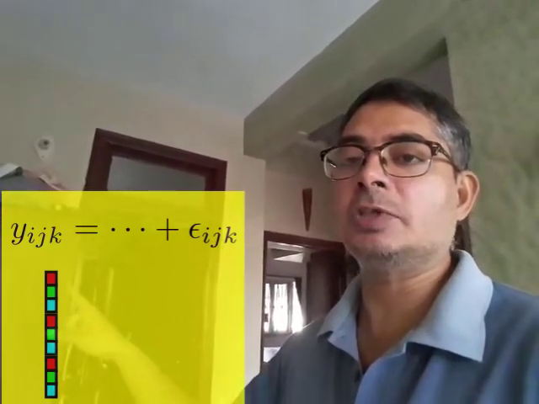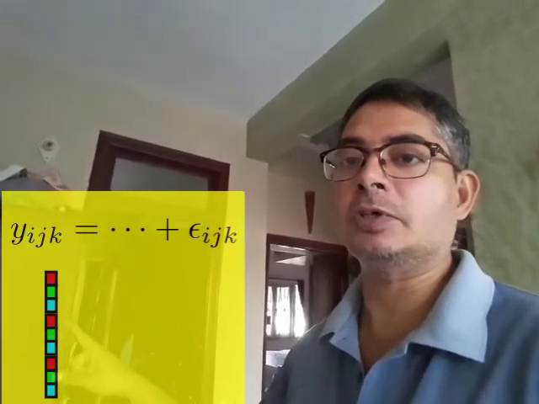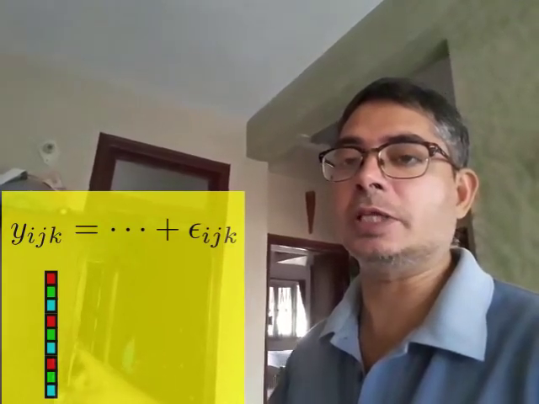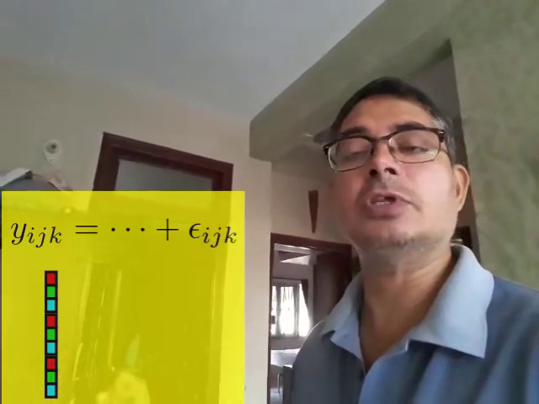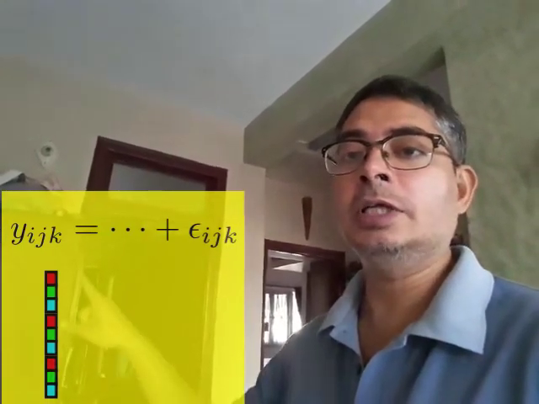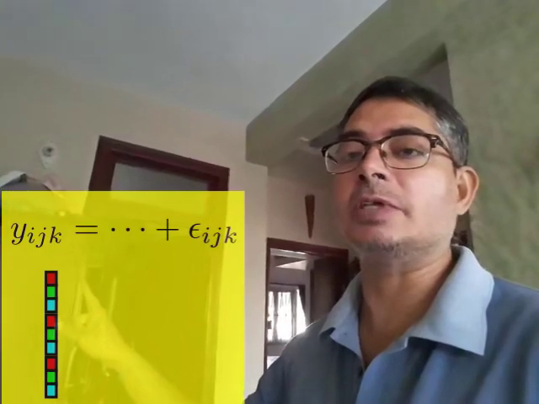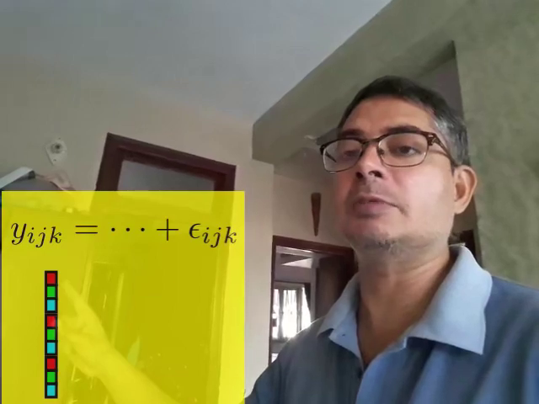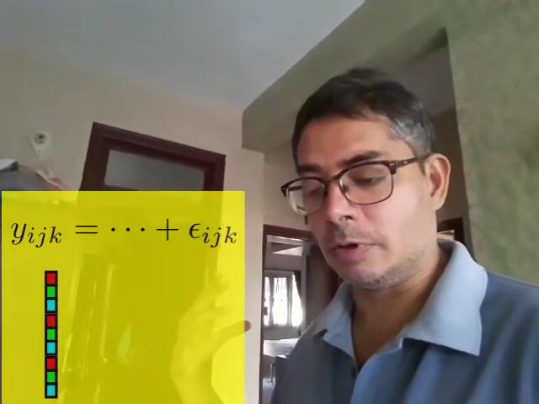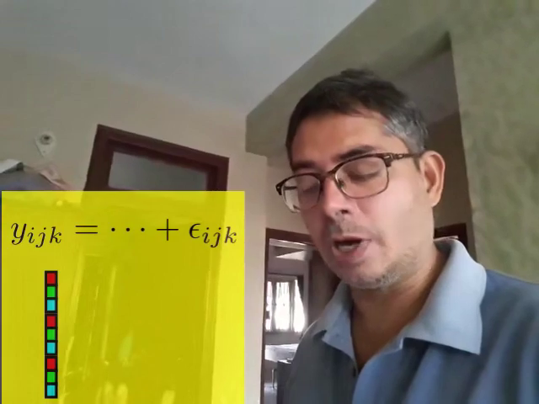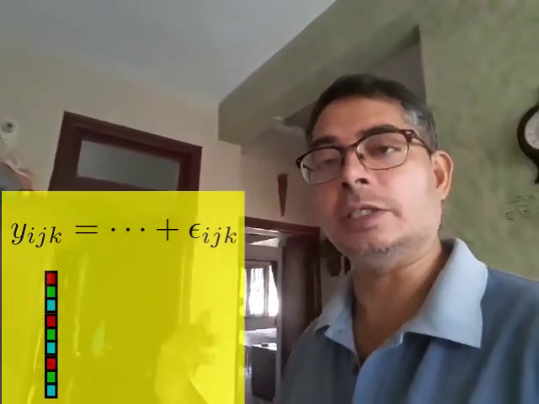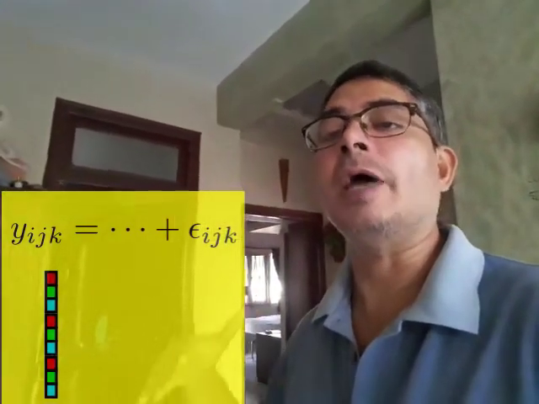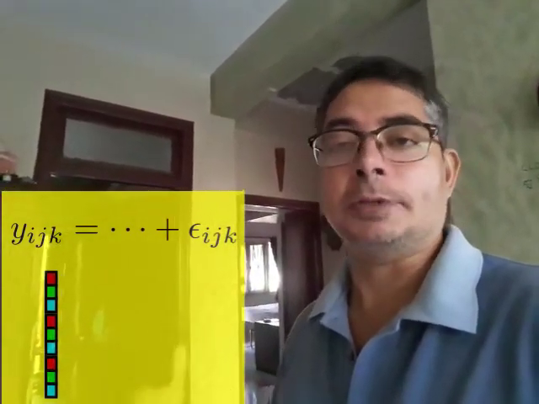These are for j equal to 1, and these are for j equal to 1. All these green things are for j equal to 2, the cyan things are for j equal to 3. Now this red block consists of a number of observations depending on k. So all the red things in the first red block are actually for variety 1, village 1, and k is the only thing that changes. So these are all the 5 plots in village 1 where we have variety 1.